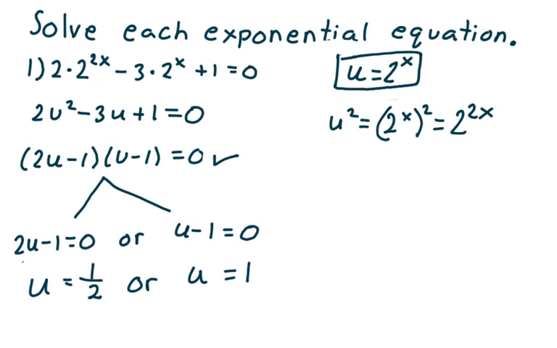And to do that, we're going to set 2u minus 1 equal to 0 or u minus 1 equal to 0. And so if 2u minus 1 equals 0, we can say u equals 1/2. If u minus 1 equals 0, we can say u equals 1. But remember that u is equal to 2 to the x.